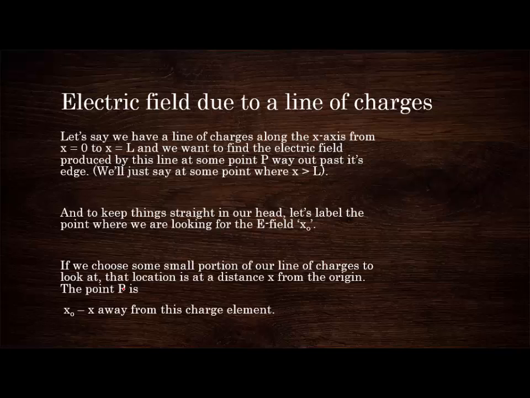Okay, so the first example we're going to do is looking at an electric field due to a line of charges. You can think of this as being like a rod of charges. So here is our x-axis, right? And we're going to sit this line of charge here on the x-axis.